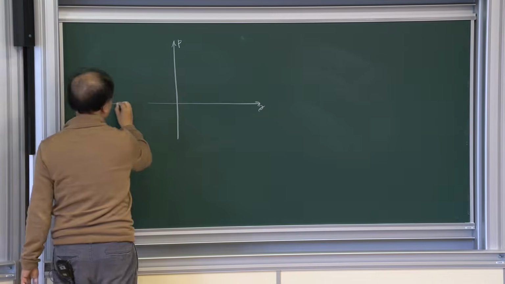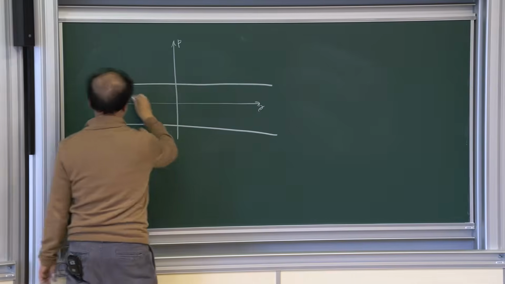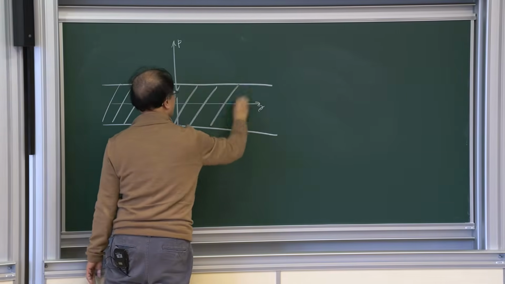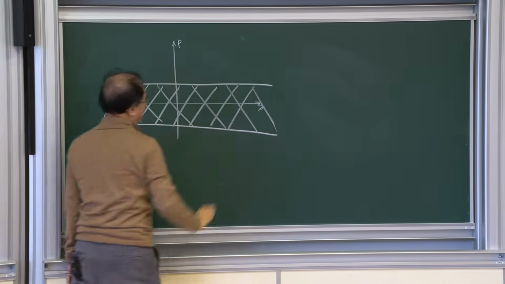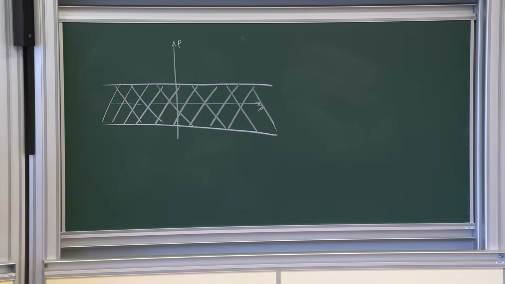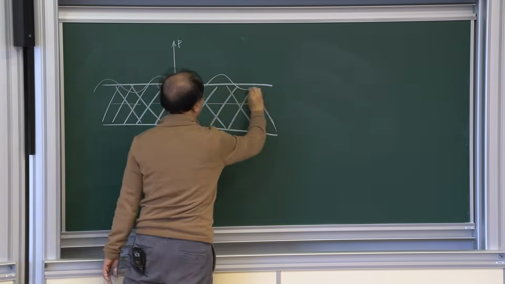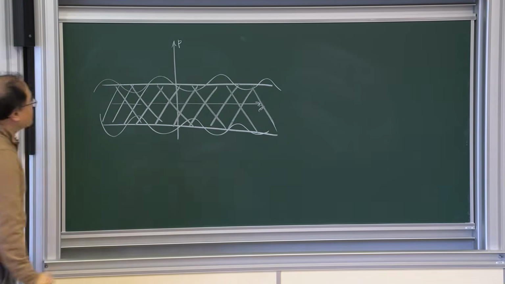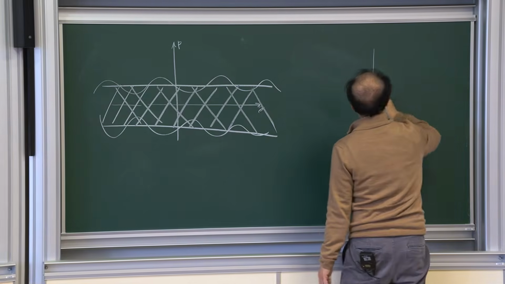The Fermi surface in the beginning corresponds to just two lines, and the region of phase space filled with electrons would correspond to the region between these two lines. Suppose I subject the system to an external field, then this will fluctuate like this.